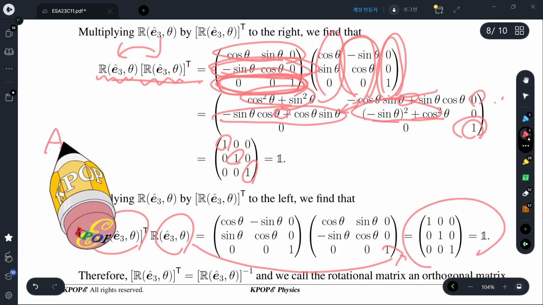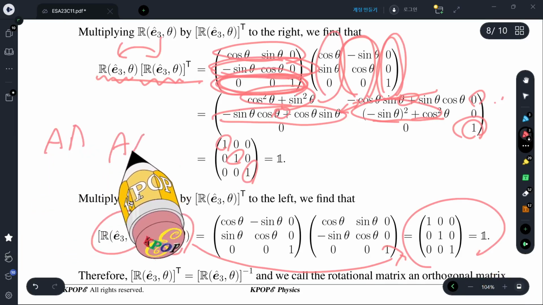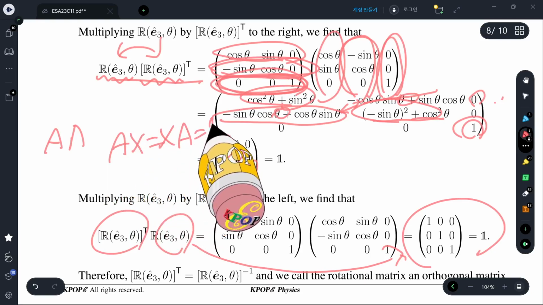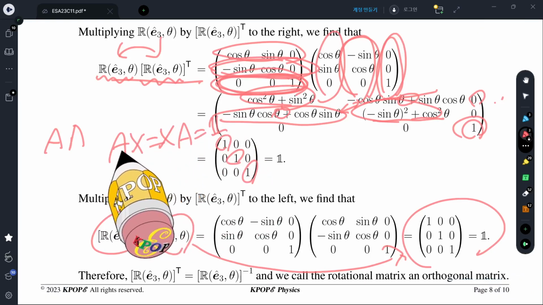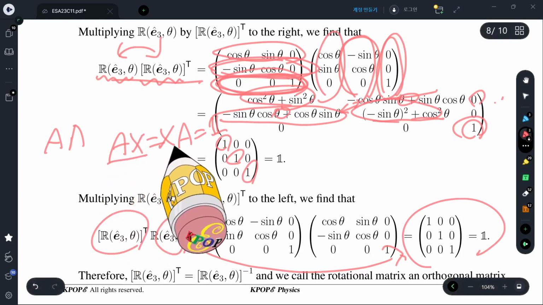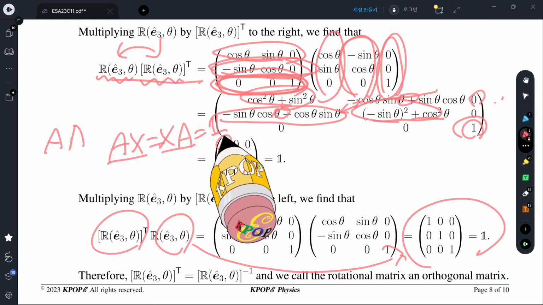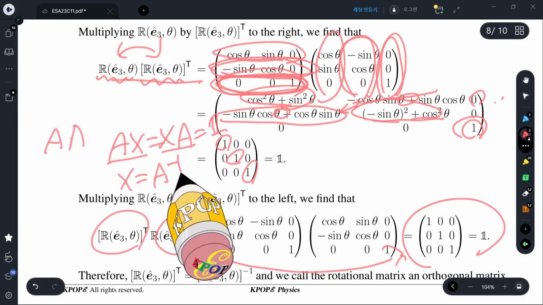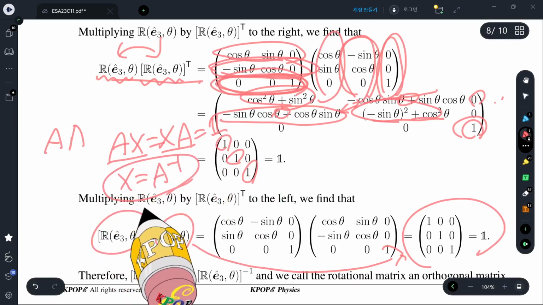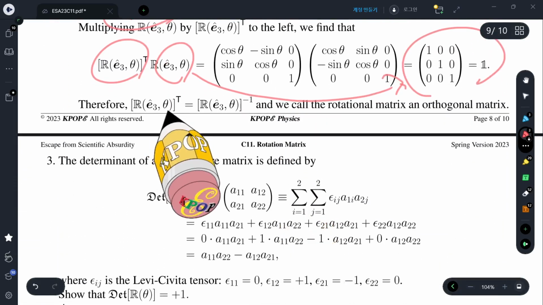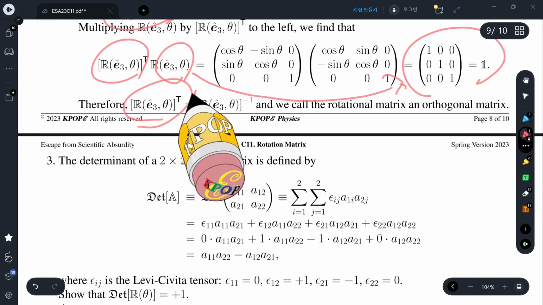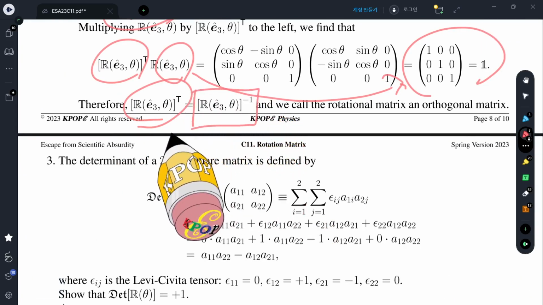Therefore, if I have a matrix X such that the product with A, there are two ways to multiply, and both of them give the identity matrix, then I would say it is the inverse matrix, the multiplicative inverse of matrix A. Therefore, the rotation matrix transpose is nothing but the inverse of the rotation matrix.